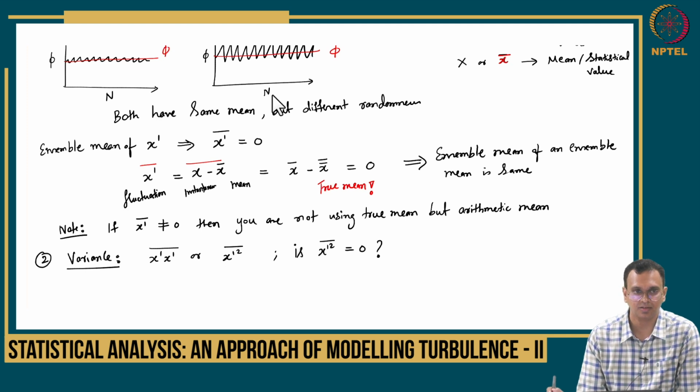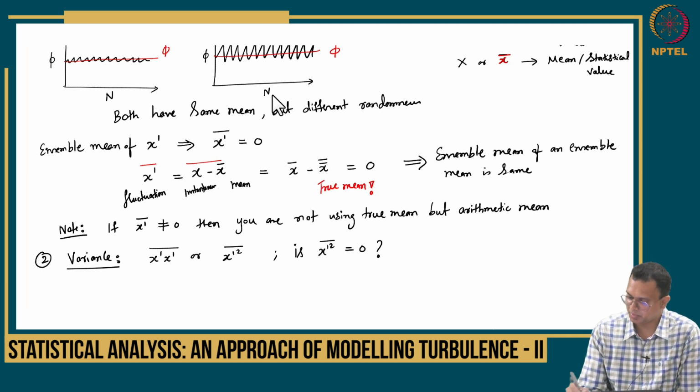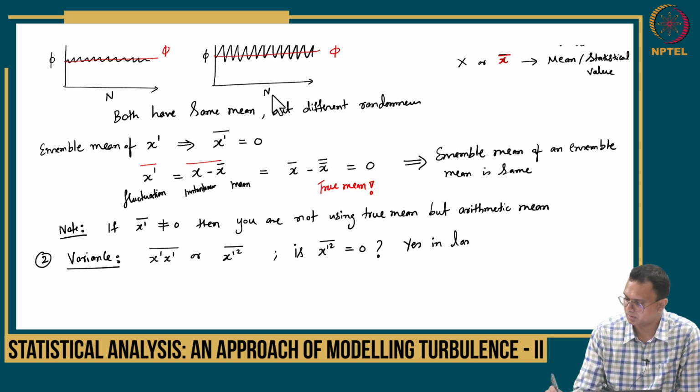Exactly, right? So if x prime is 0, what does that mean? What kind of flow you are working with? Laminar flow. Okay, which we are not interested in this course. Correct? So if this is 0, yes, in laminar flows.